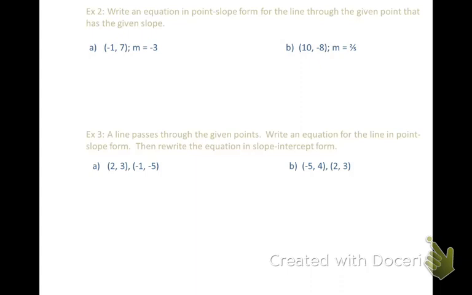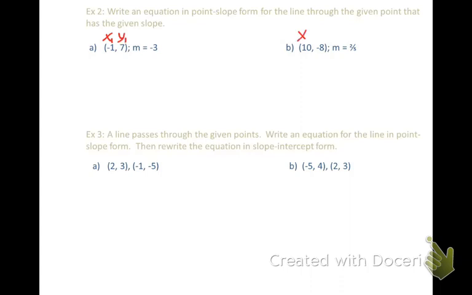All right, this time we write an equation in point-slope form for the line through the given point that has the given slope. So we have x1, y1, and m.